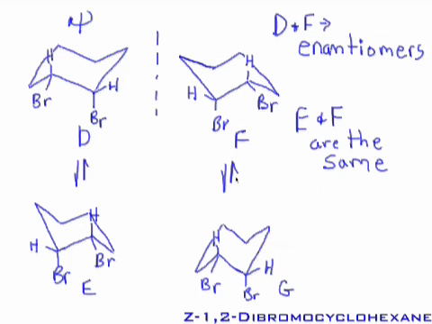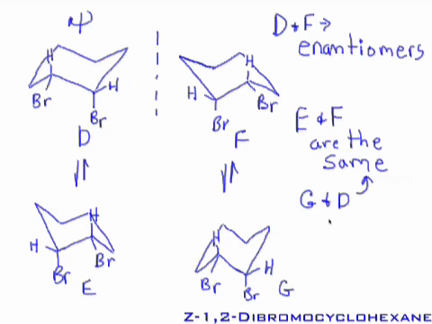So ring flipping is changing D and F into each other. G and D are also the same. Because of ring flipping, D and F become the same molecule. And so the two enantiomers D and F can interchange by ring flipping.